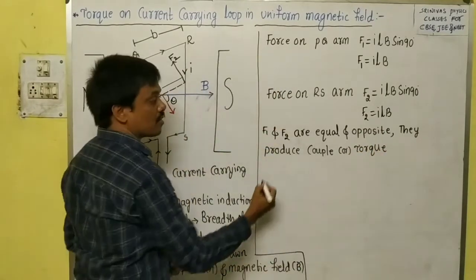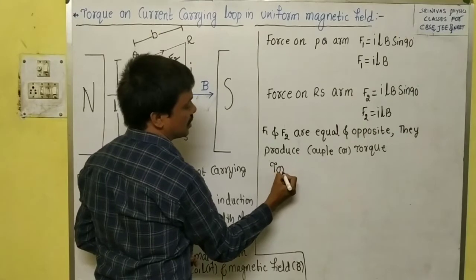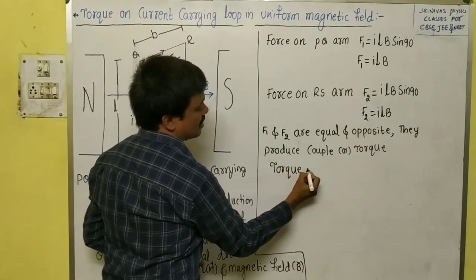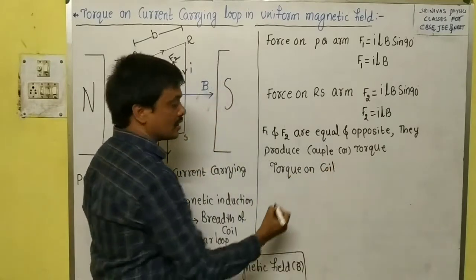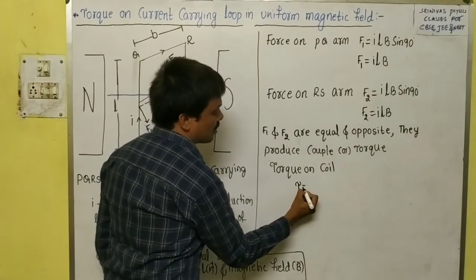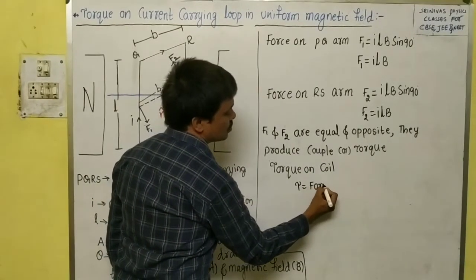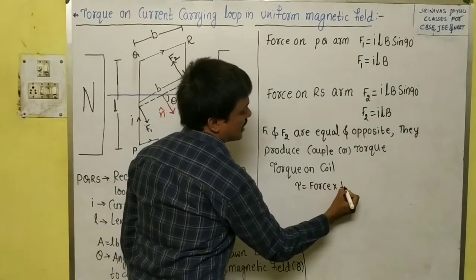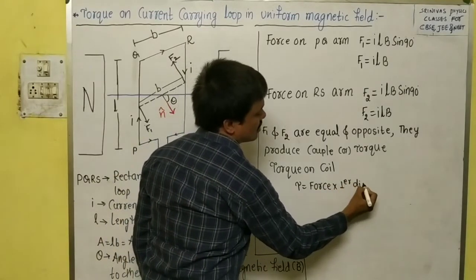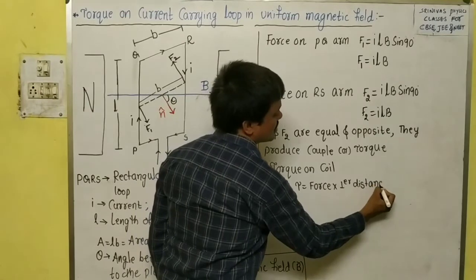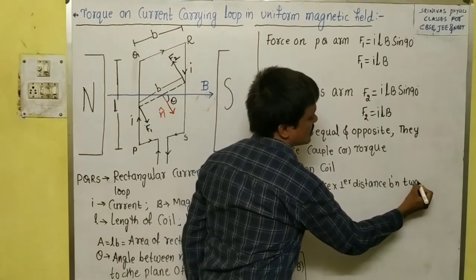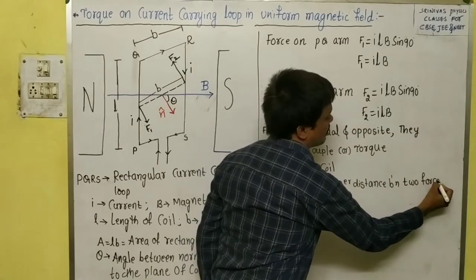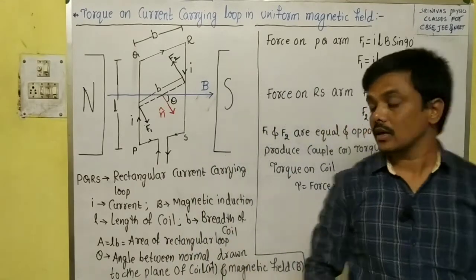Then what is the formula for the torque on the coil? I want to derive the torque on the coil. In the torque formula, that formula is force into perpendicular distance between two forces. This is the formula for the torque.